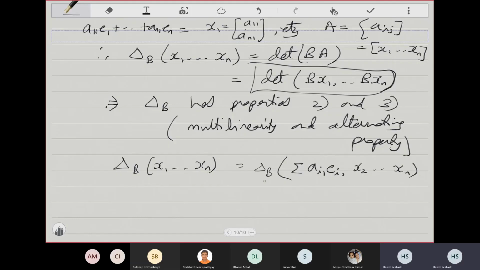So here we'll write it like this: the sum of Ai1 e_i. Because of the multilinearity property, I can write it like this: sum of Ai1 delta B of e_i, x2, ..., xn.